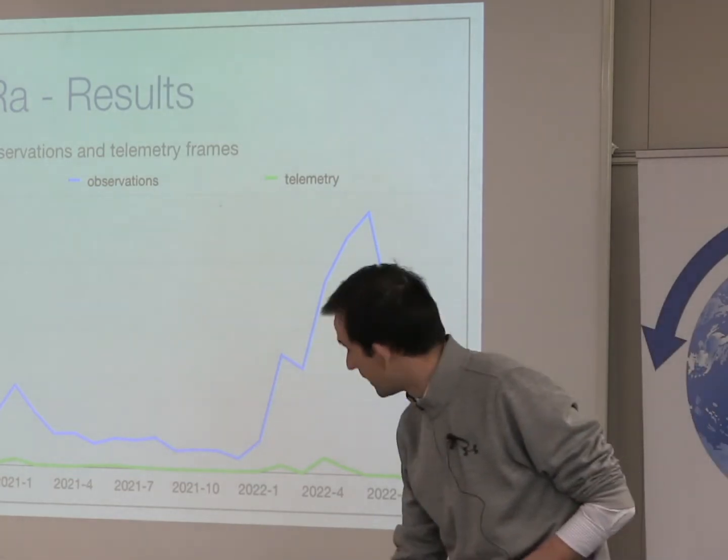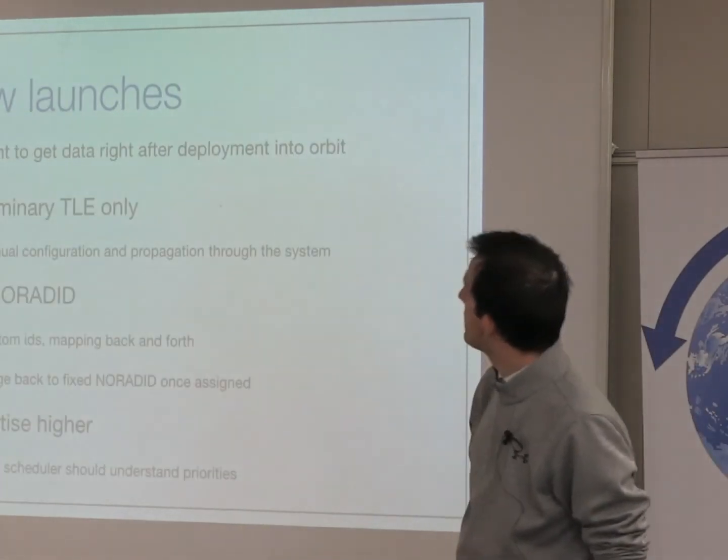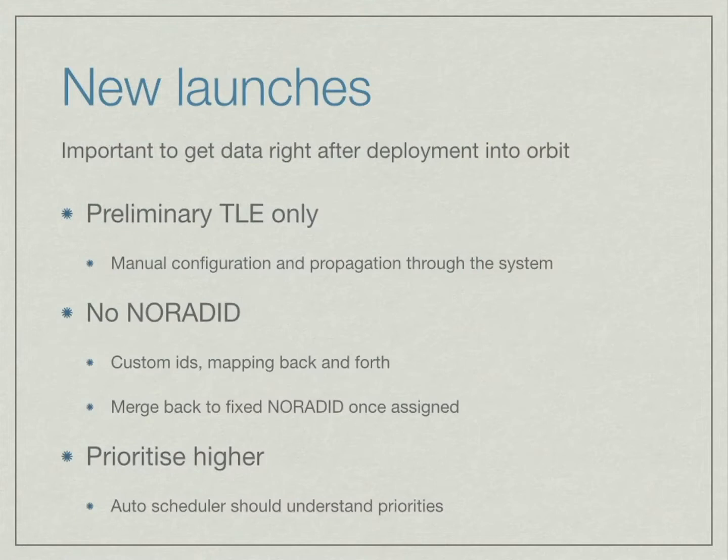The other thing, going back to how to get more satellites onto the network, is a concept called new launchers. A satellite is just launched, and it doesn't have a dedicated NORAD ID. There's only a preliminary TLE, and it's not part of any other databases.